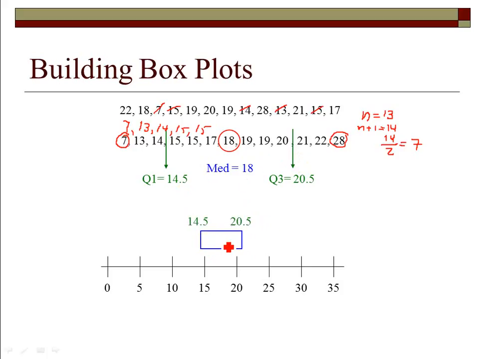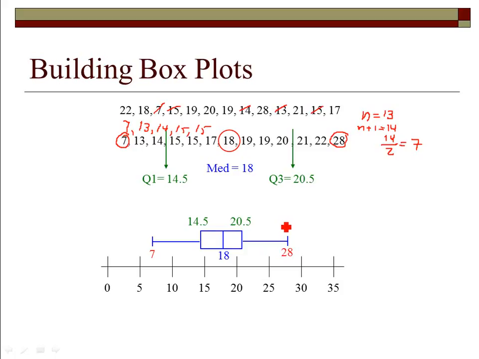The median is at 18, so I'll draw a line at 18. The other parts now are what are called the whiskers of the box plot. You also sometimes hear these called box and whisker plots. So I'm going to go down to my minimum value, which is 7, and on the other end, I'll go up to my maximum value, which was 28.